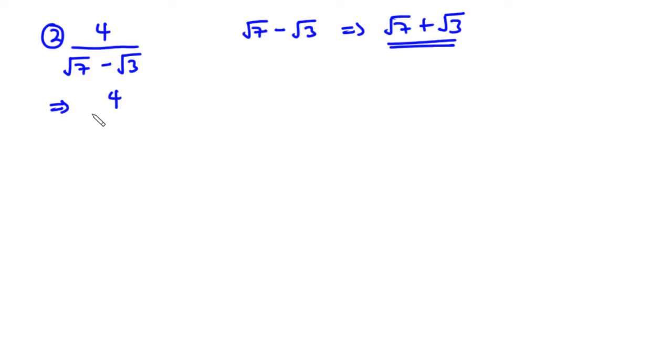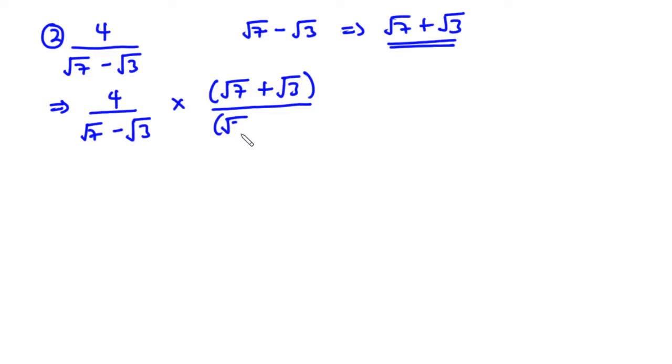So we have 4 divided by root 7 minus root 3 times root 7 plus root 3, divided by root 7 plus root 3. So let's multiply across. Now 4 times root 7 plus root 3 is 4 outside, and then we have root 7 plus root 3 inside the bracket.